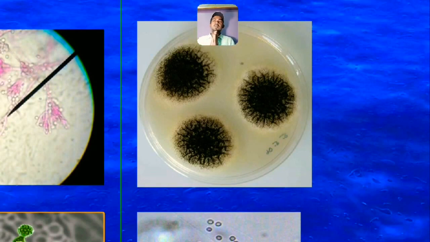Do you know what is a culture? A culture is a small tray, a small plate-like structure in which some liquid is poured, which is very favorable for the microorganism which we need to grow. For research purposes and for other experiments, we grow different types of microorganisms in vitro, that means in the laboratory.